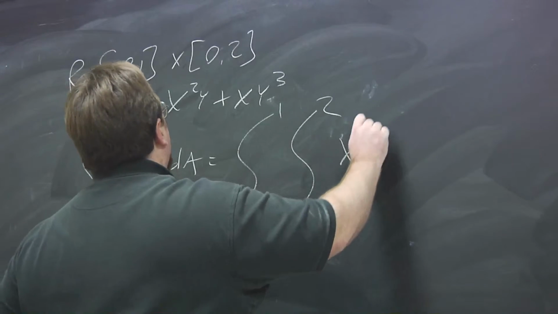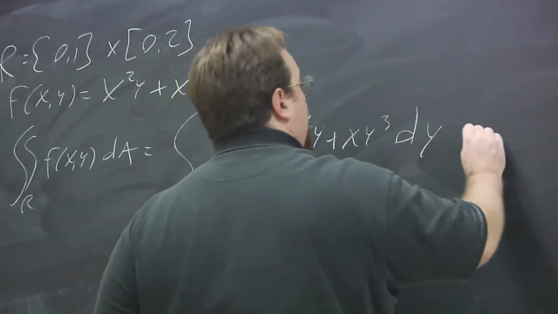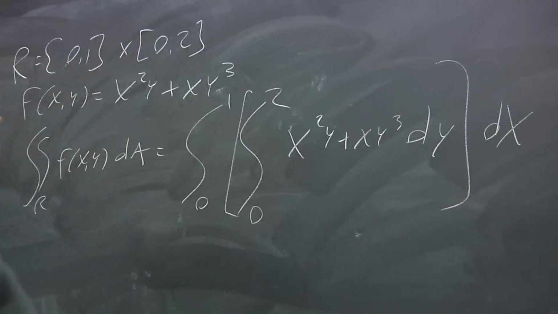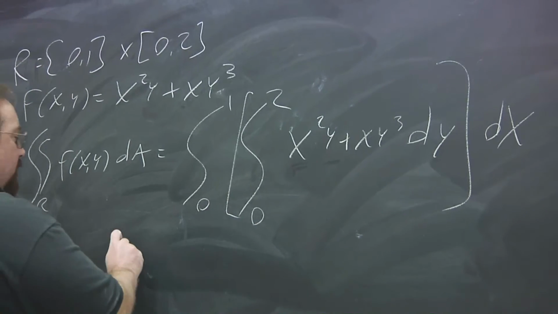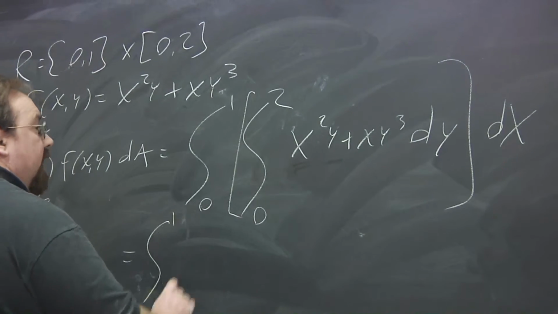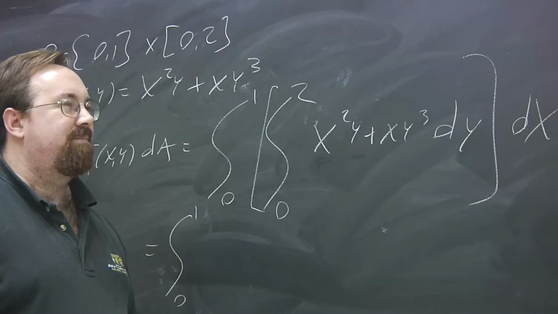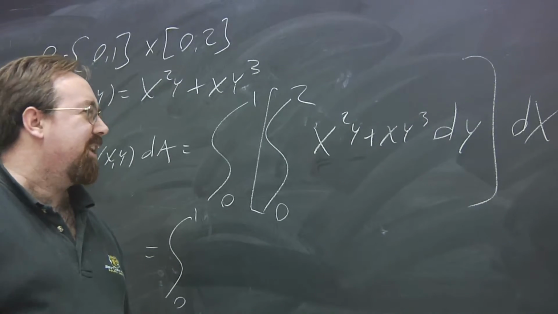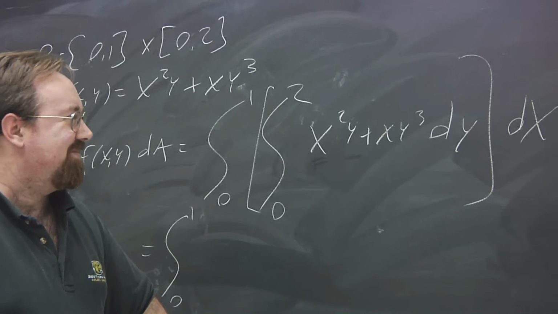So we're going to have x squared y plus x y cubed, dy, and then the result of that we'll integrate with respect to x. So certainly you can, just like before, treat each term separately, and this is where you have to remember to treat x as a constant. We're treating x as a constant.